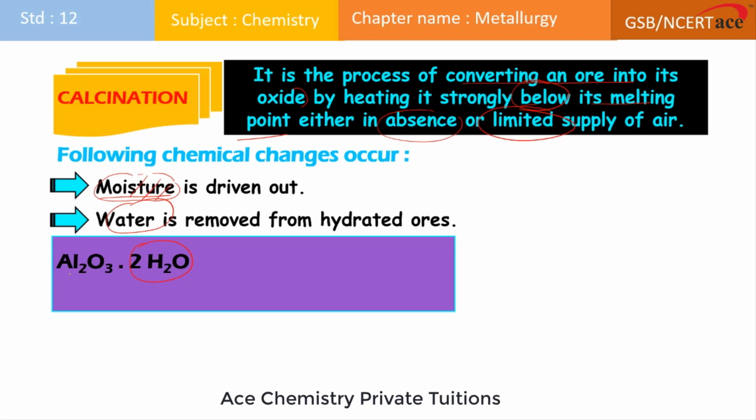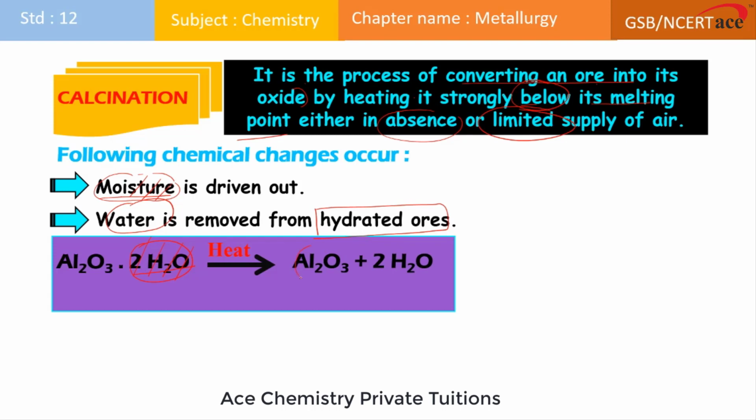If any compound contains water of crystallization, then we say that compound is hydrated. So here, water is removed from the hydrated ore. If you heat this, this part will get removed and it will form a dry, anhydrous substance.